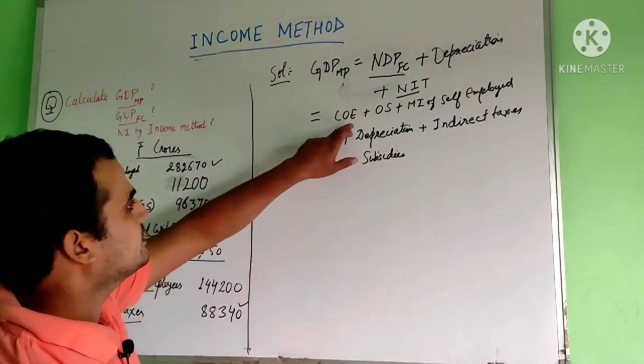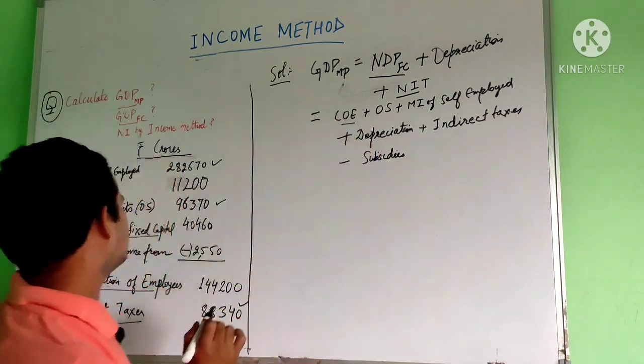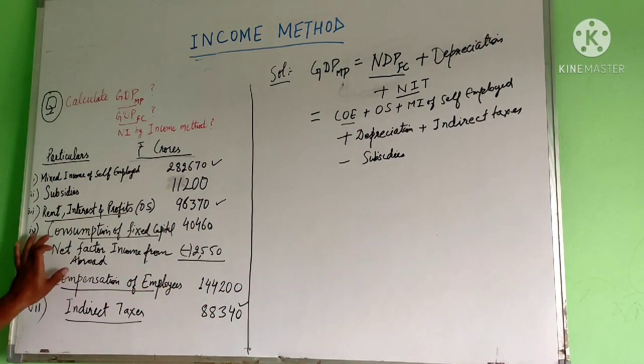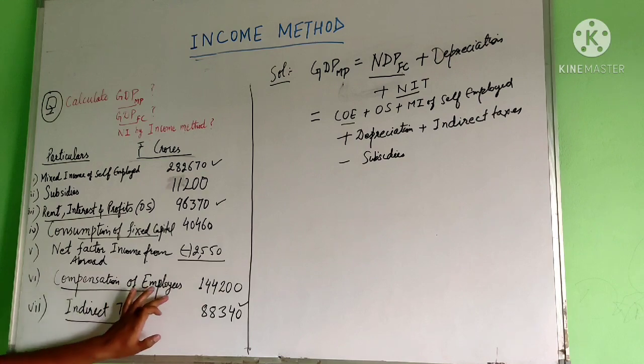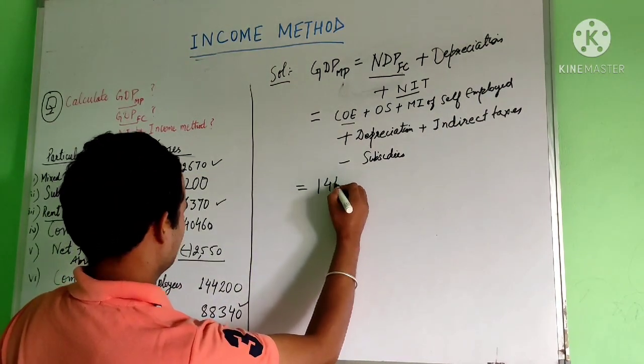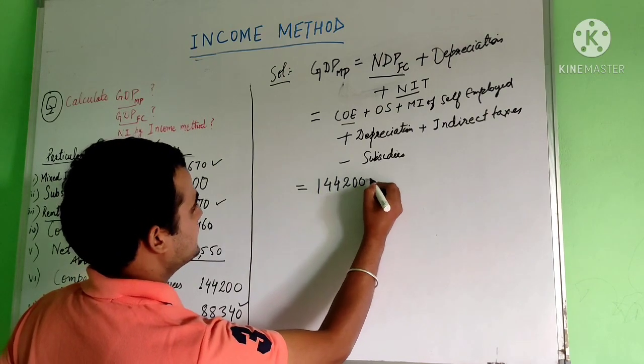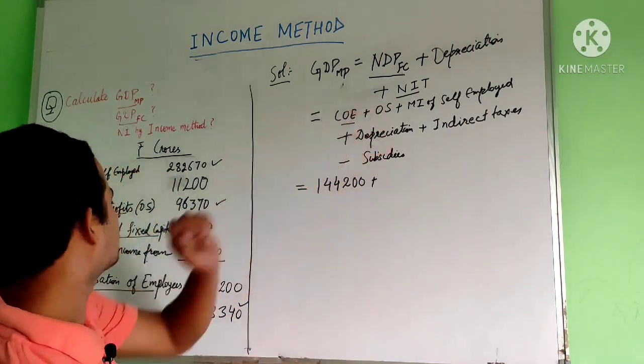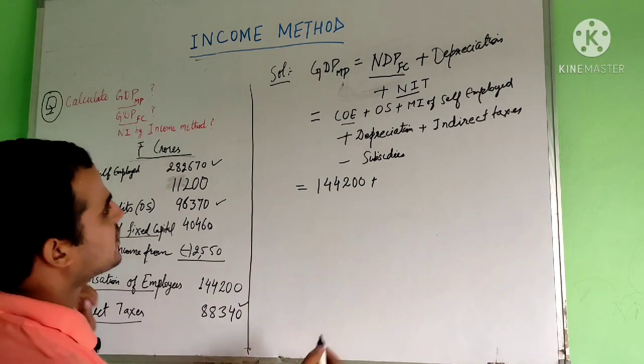Now in the question it is already given what compensation of employees is: 1,44,200, plus operating surplus. Operating surplus means rent, interest and profit.